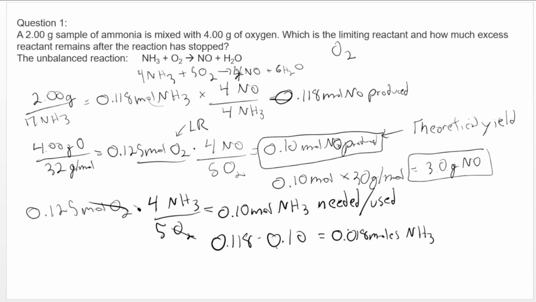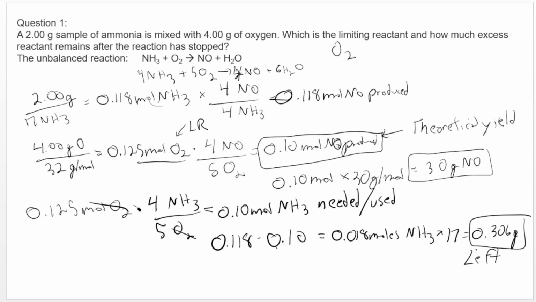And usually for an amount, we're going to multiply this by the molar mass. So times the molar mass of NH3, which is 17. 0.018 times 17 is 0.306 grams.